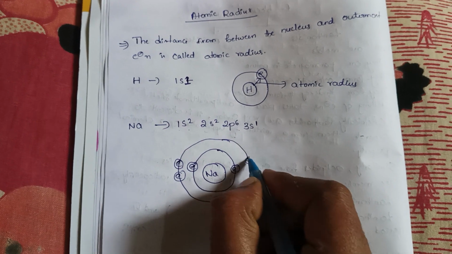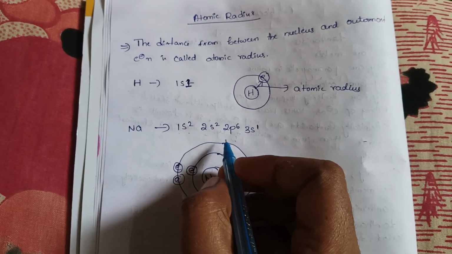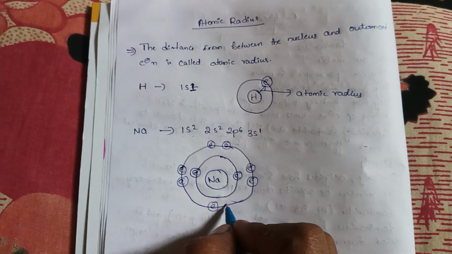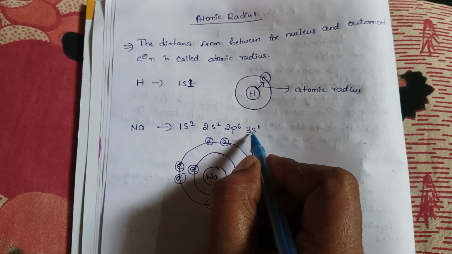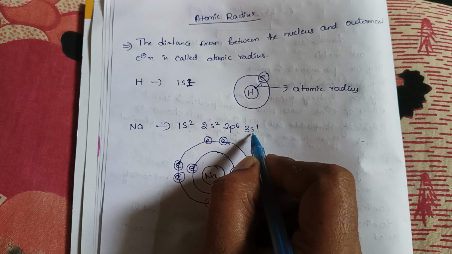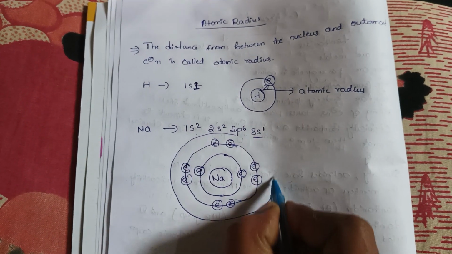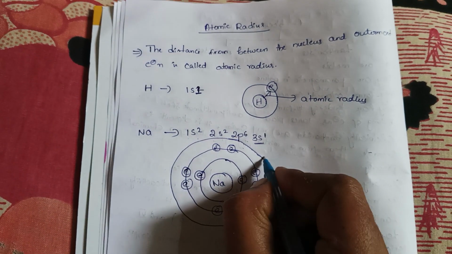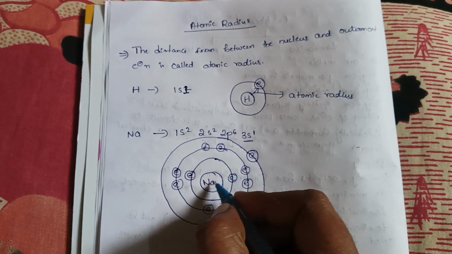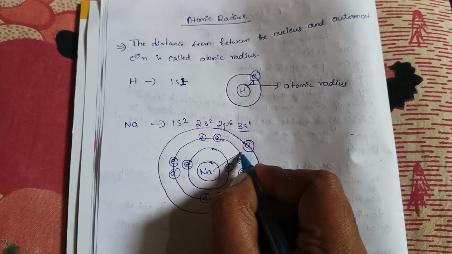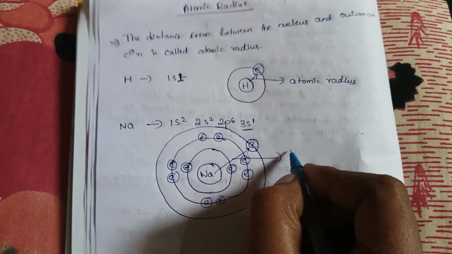The outer valence shell has 1 electron. The distance between the nucleus and the valence shell is the atomic radius, right?